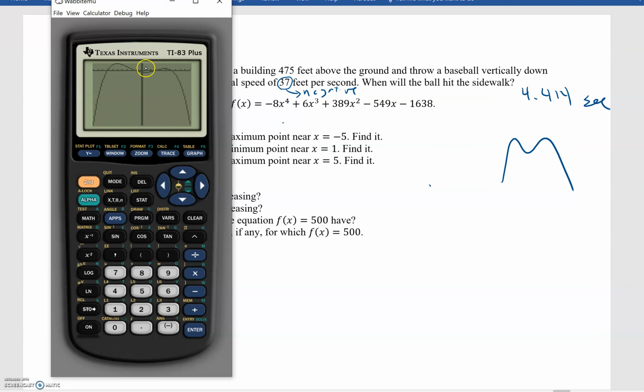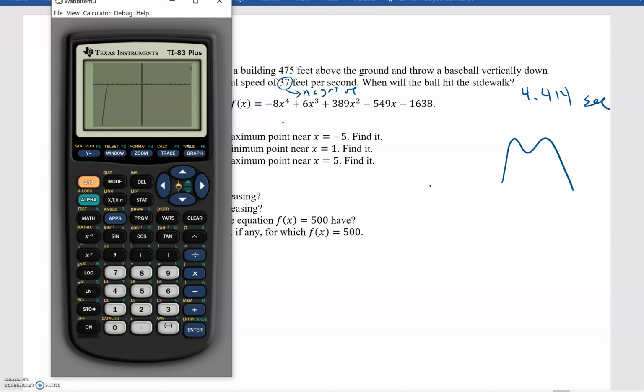Now I might actually want to cut off this bottom portion a bit. I don't need to go all the way down there, so why don't we go for the Y min. Instead of going to negative 43,000, let's go to, I don't know, negative 10,000 and see what that looks like.